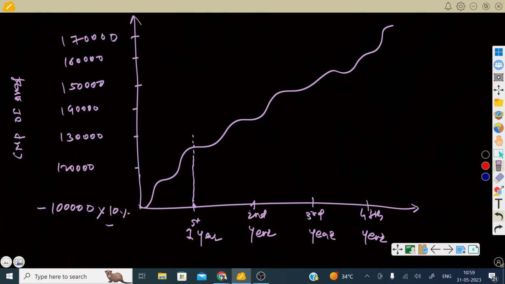Okay. First thing is whatever policy we have. As of now, the current market value is 1,20,000.